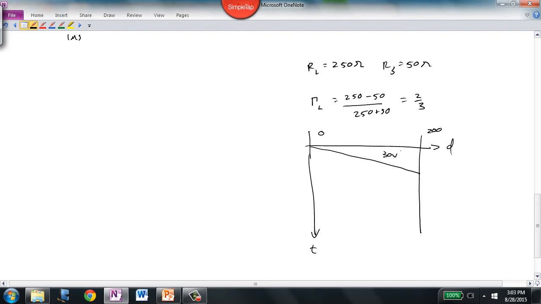It is reflected at the load end with a reflection coefficient of 2/3, so 2/3 times 30 is a 20 volt signal that gets reflected back. And at the input end, the reflection coefficient is still 0.